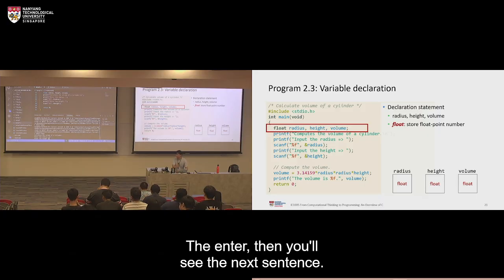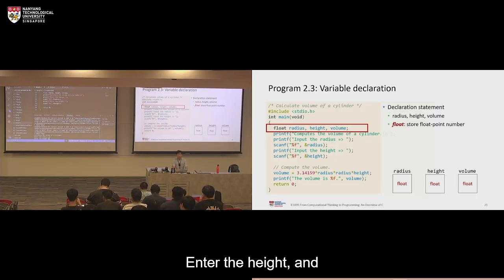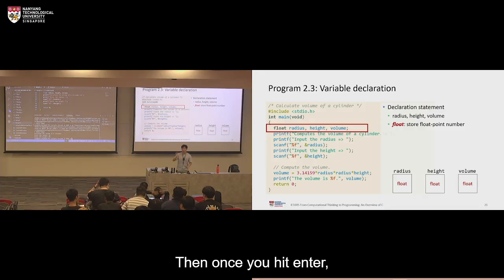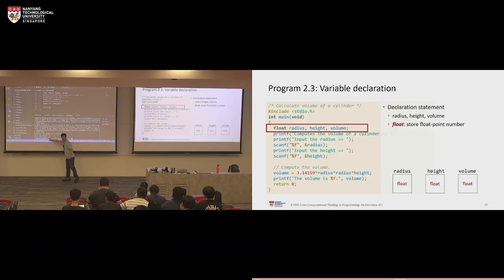Then hit enter, then you will see the next sentence, enter the height, and it is waiting for my input. Then let's say the height is 45. Then once you hit enter, you will end the program. Okay, so now you got the values of the radius and height.